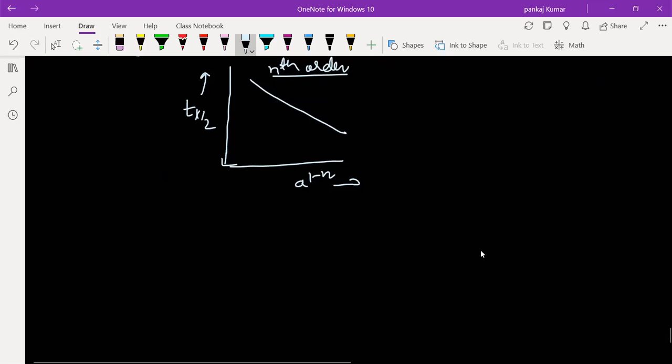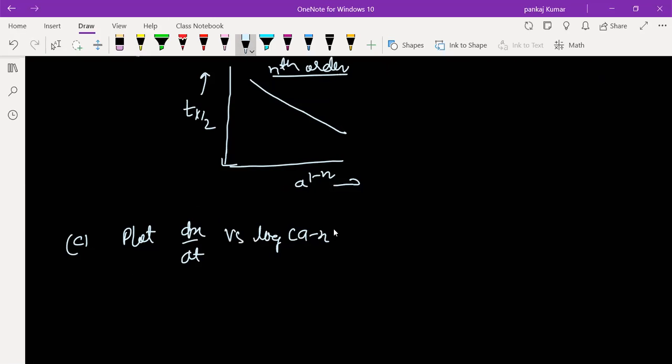Now the third graph: plot log of dx by dt versus log of a minus x consideration.